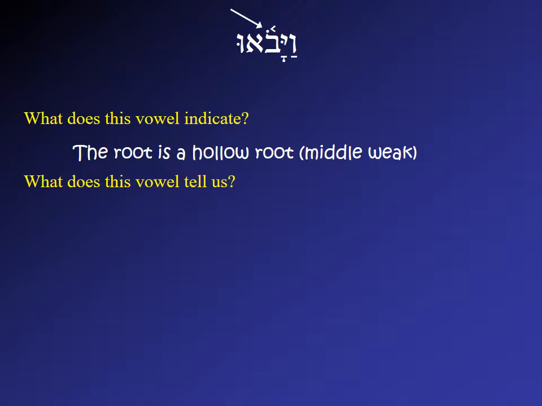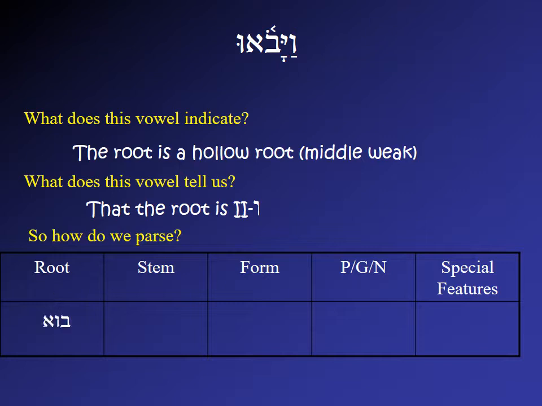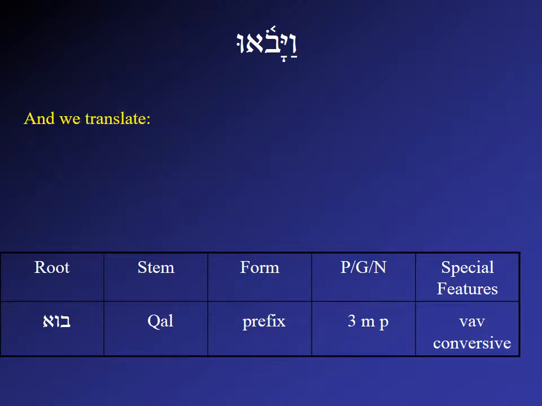This vowel is u class, which indicates to us that the root is, in fact, a second vav. So this is our root that is by now quite familiar to us, which is bo. The stem is again kal, prefix, third masculine plural, vav conversive. The translation, and they entered.